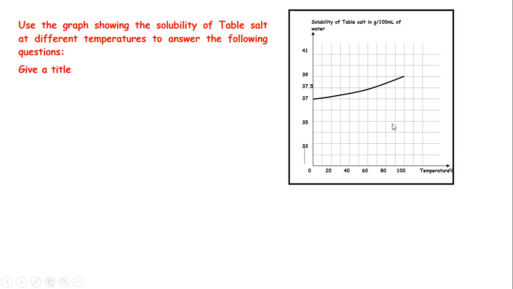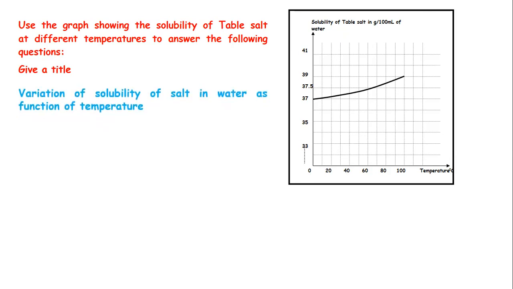For a graph, the general rule is the variation of y as a function of x. This is the common title between all graphs. So here, the variation of solubility of salt in water as a function of temperature.